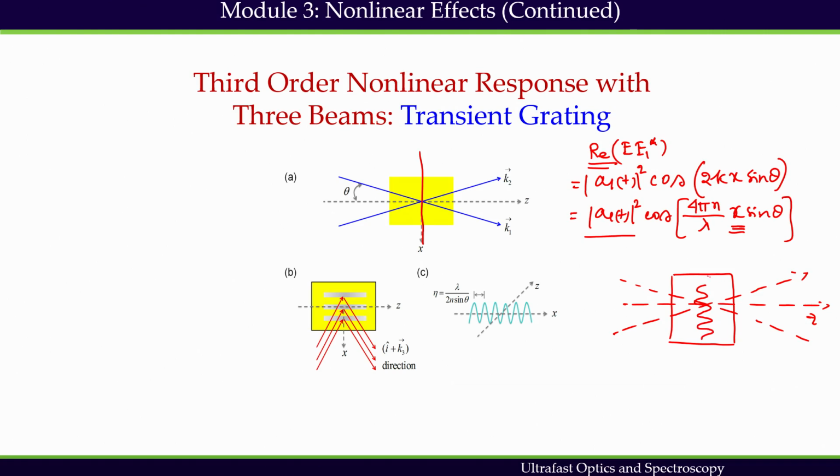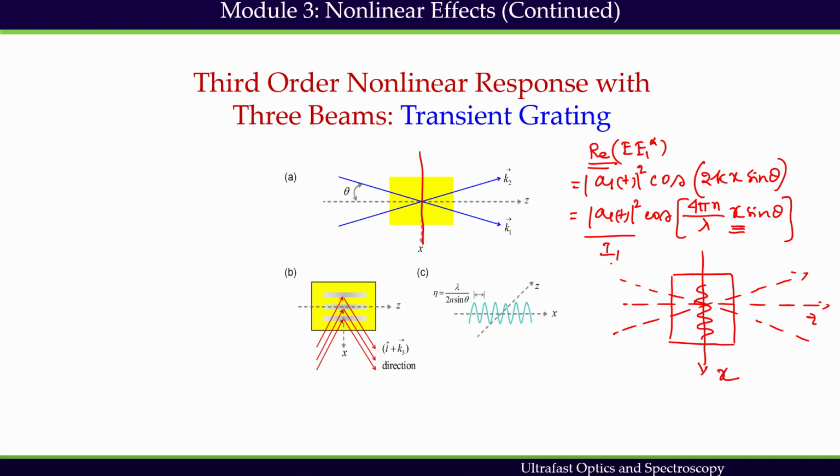Sorry, this is the x direction. And what does it mean by variation along this x direction? Variation of intensity along the x direction means that, let's say this is intensity.